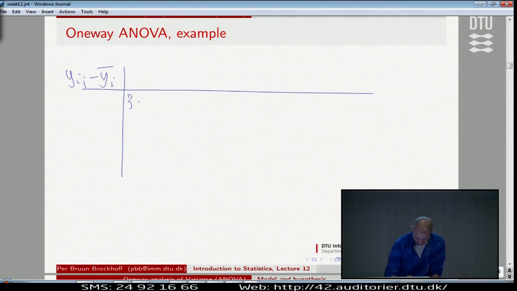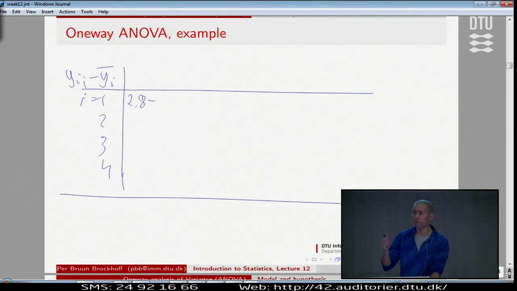I would take the individual number, which would then be 2.8 minus, I have i equal 1, 2, 3, and 4. And in fact, I have exactly 4 in each group. I could have different. 2.8 minus 3.025.